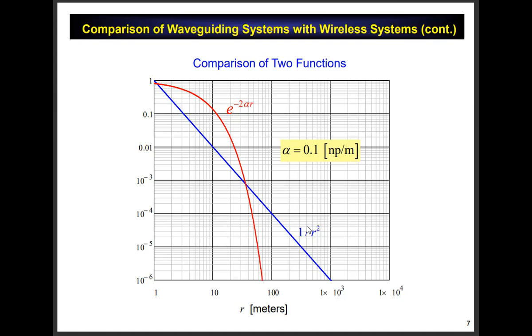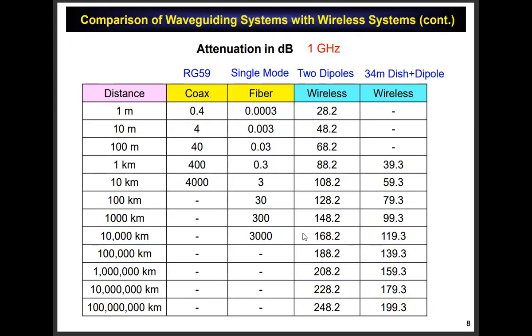Okay. Now, to drive home the point even better, in the real world I'm going to choose some very practical systems and compare them. So, the comparison of different waveguiding systems with wireless systems. Now, in this table that I've made, I'm keeping the frequency fixed at a typical frequency of 1 gigahertz. So keep that in mind. All these numbers will change if I change the frequency, but it's a typical frequency, 1 gigahertz.